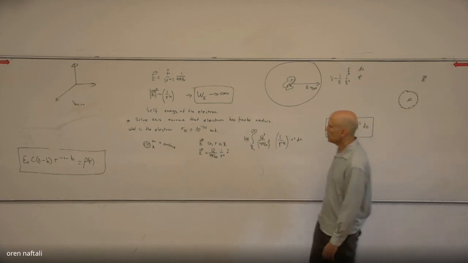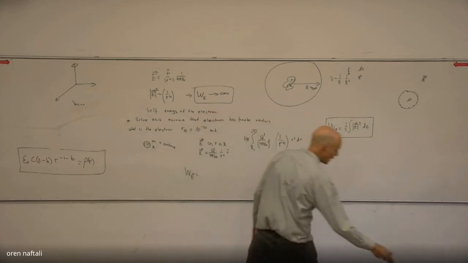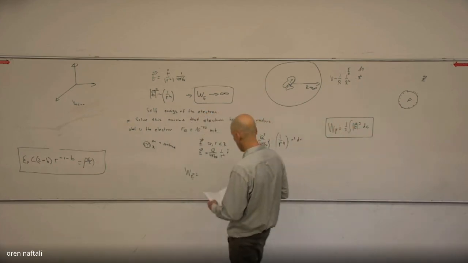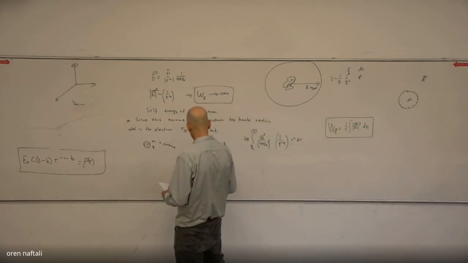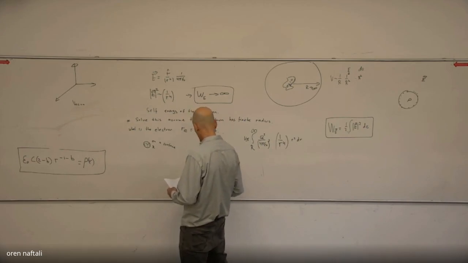And then this W, the energy of this simple system, is given by, there's a number 8, which is easy to find, Q squared over 8 pi epsilon 0, 1 over r.